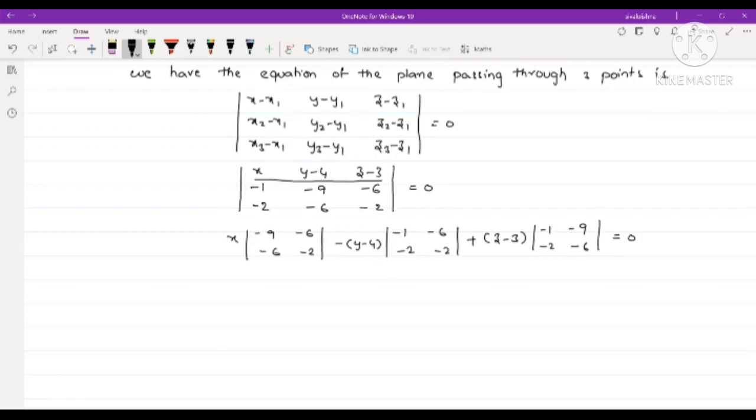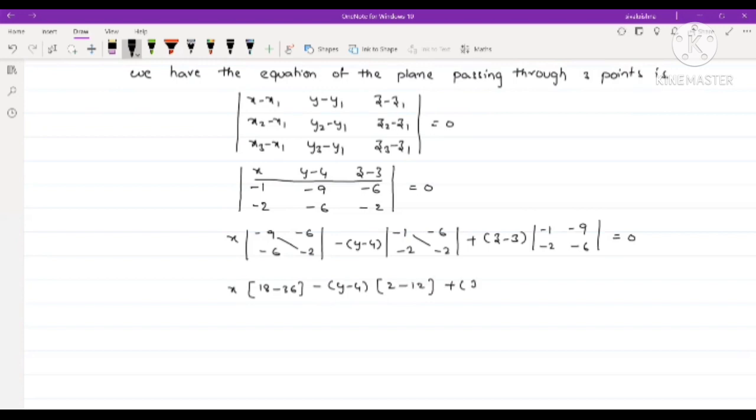Okay. So on simplification, x into, so we have to expand the 2 by 2 determinant. AD is minus 9 into minus 2 means 18, minus BC. If you multiply BC, we get 36. We have to write minus that, it means we get minus 36. Okay. AD is 18, minus BC is minus 36. Right. Coming to the next element, minus of y minus 4 into, once again AD is minus 1 into minus 2 means 2, minus BC means minus 12.